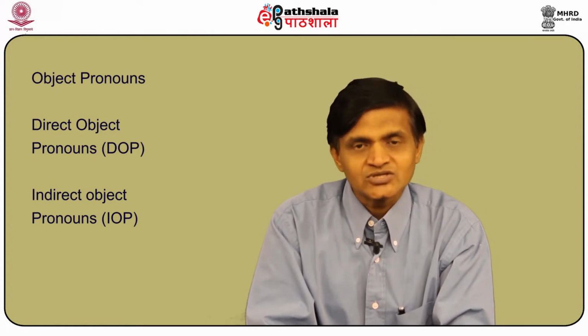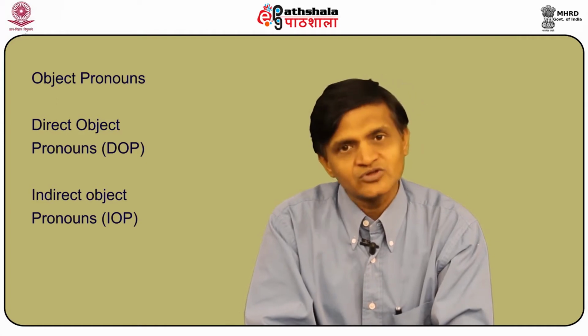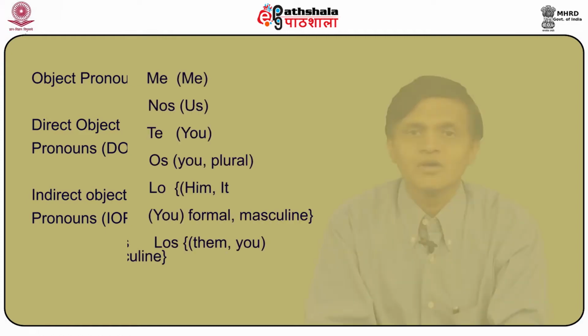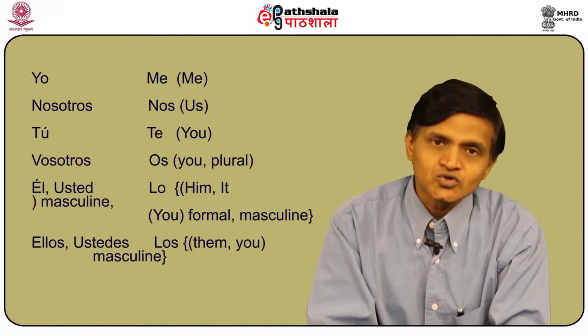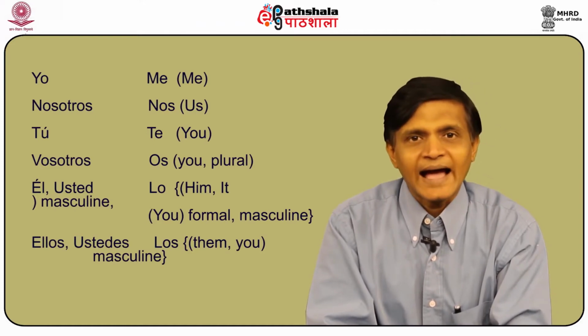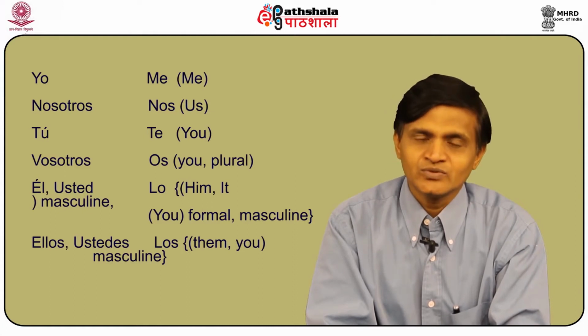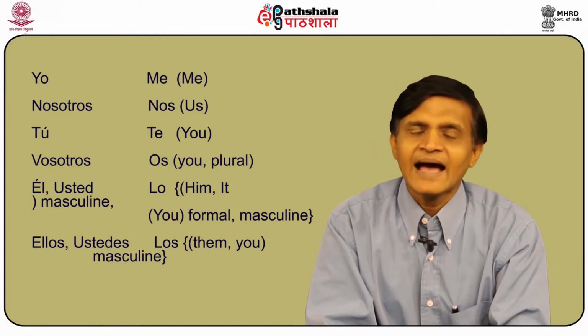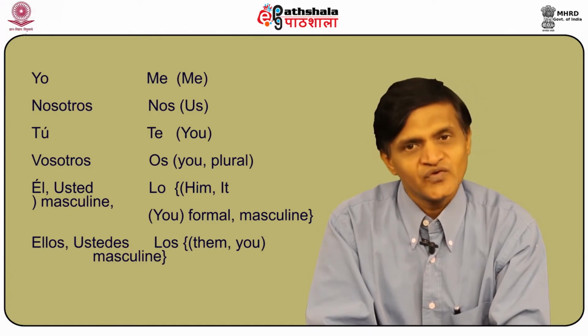Direct object pronouns, los objetos de complemento directo, are yo, me, nosotros, nos, tú, te, vosotros, os, él, usted, lo, los, them, you, masculine, la, her, it, feminine, and las, them, you, feminine.